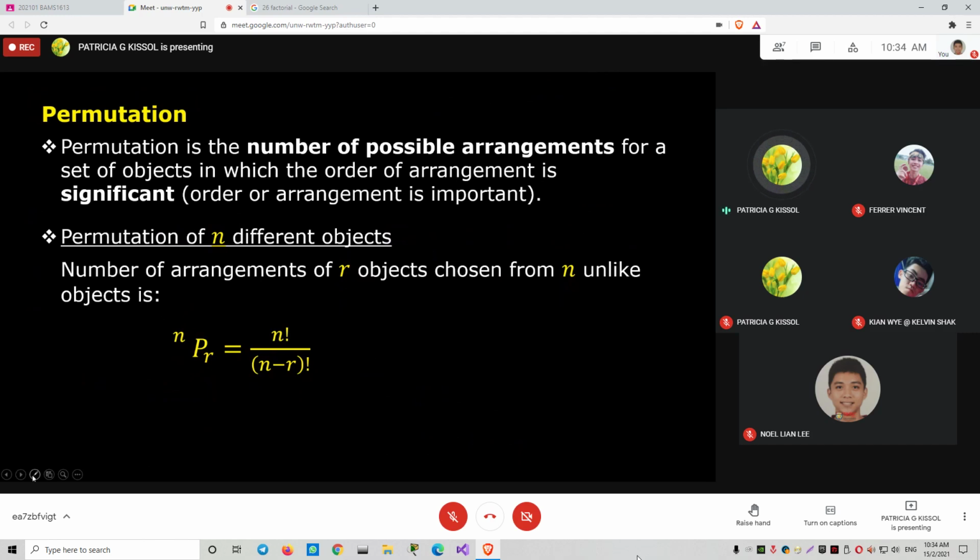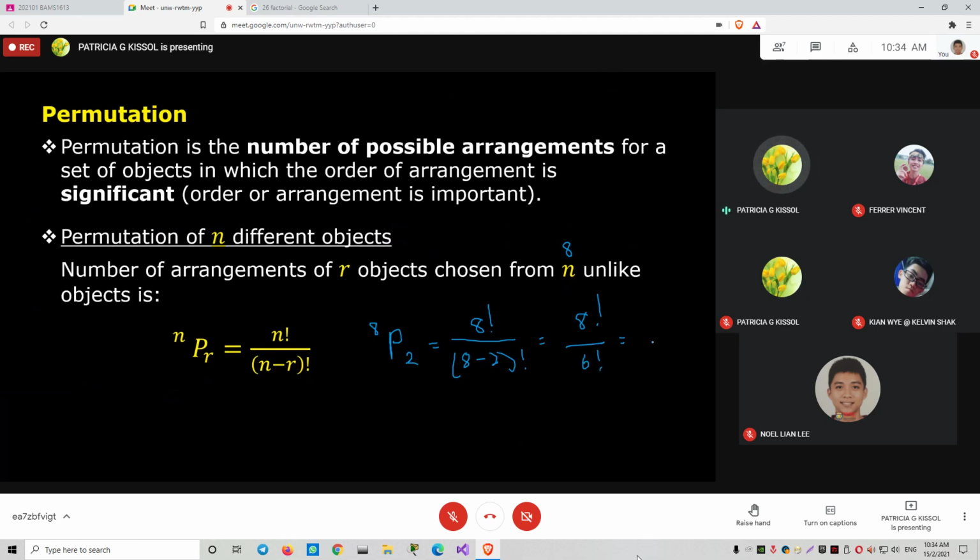That means if you have, say, 8, your n is 8. That means you can choose from 8 different objects. Permute, say you want to choose only 2, then it is 8 factorial divided by 8 minus 2 factorial. That means 8 factorial divided by 6 factorial.